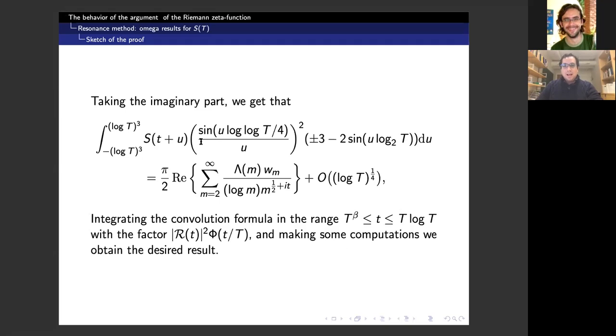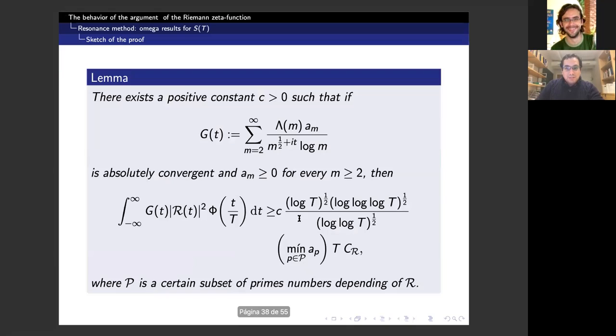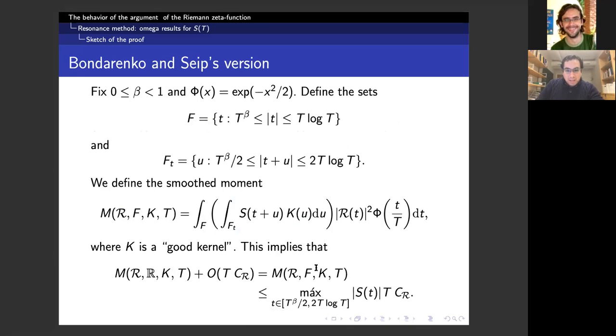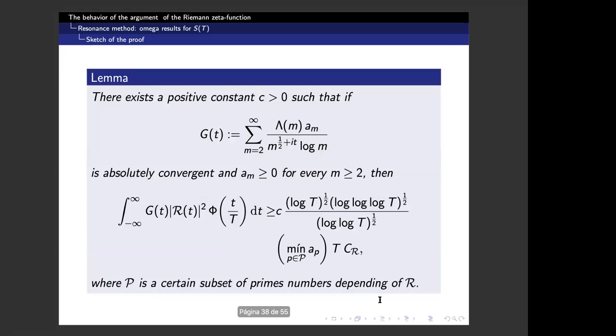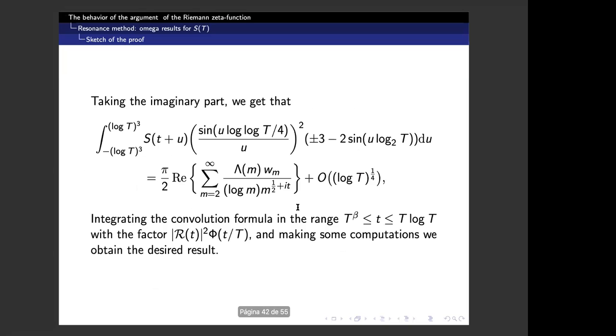But what happens with this part, right? Because in the case of Soundararajan's concept, they bound this smooth moment with this part with absolute values, right? In our case, if you take 3 minus 2 sine, this is a positive function.